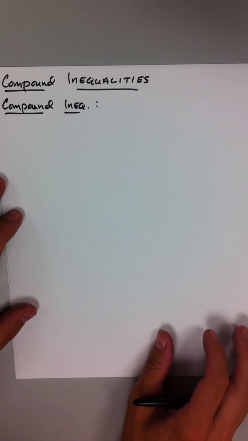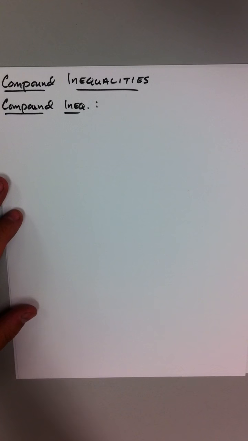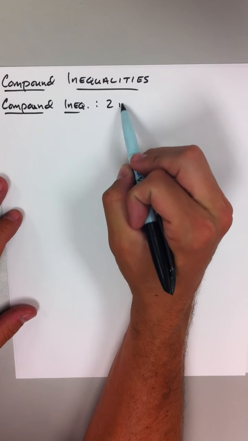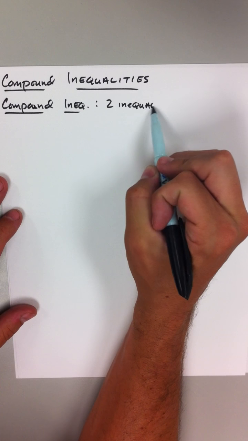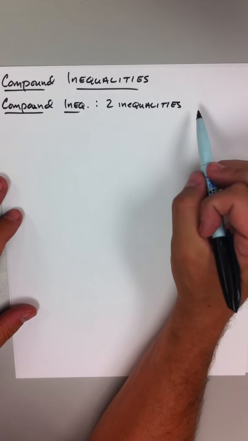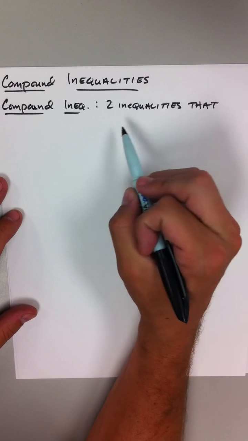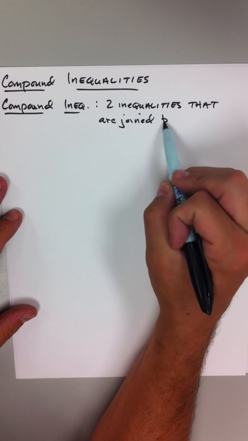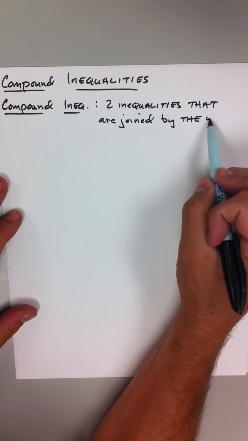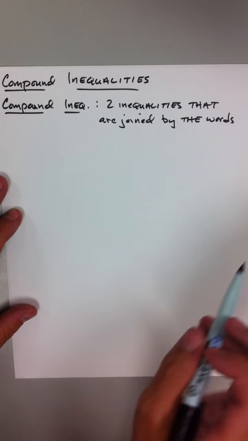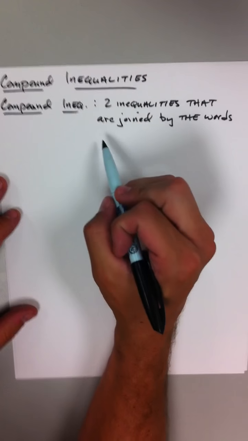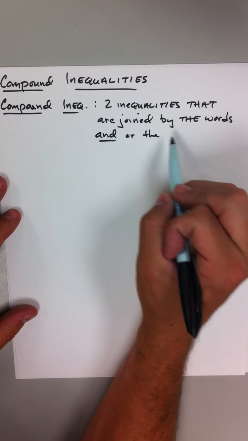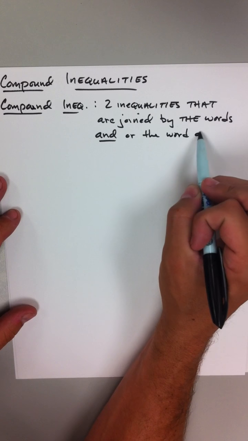All right, today we're going to talk about compound inequalities. So let's start talking about the definition first of all. A compound inequality is two inequalities that are joined by the word "and" or the word "or".